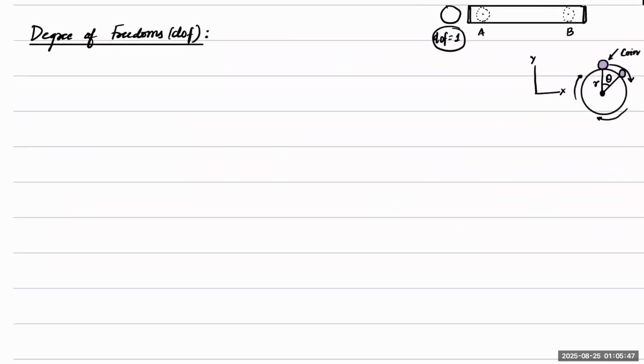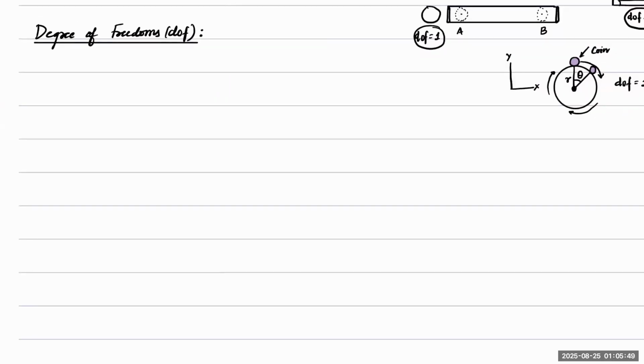Now, when it comes to degrees of freedom, we understood how it operates in one dimension and two dimensions. Now, if the ball is moving in three dimensions, and that's what we were looking out for, correct? Here, if a ball is moving from this position to this position, from A it has moved all the way to B, and here its coordinates were x1, y1 and z1.